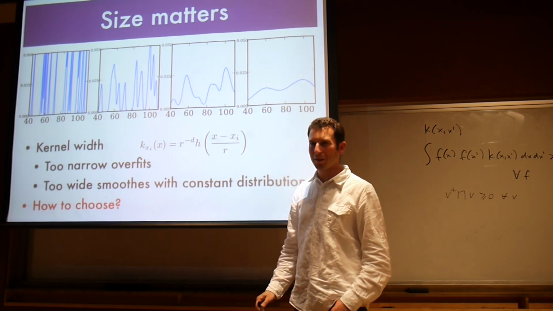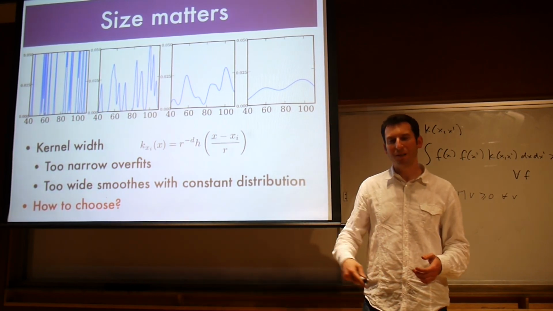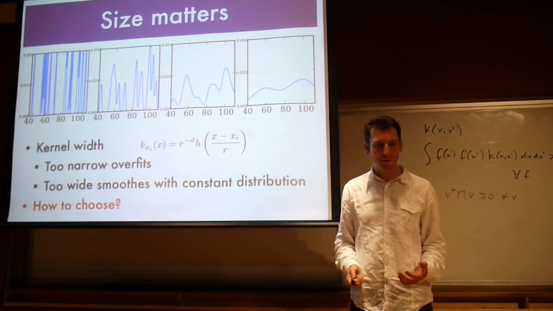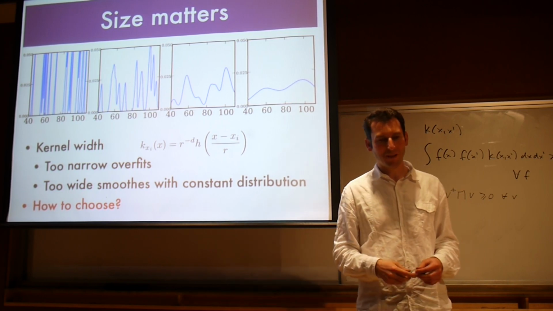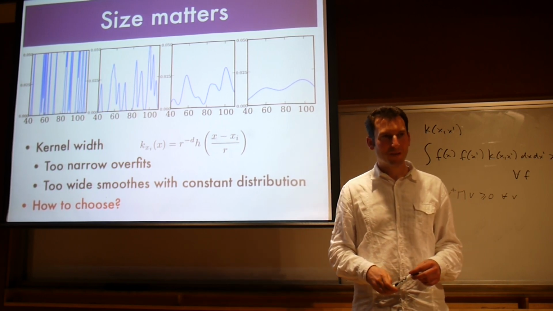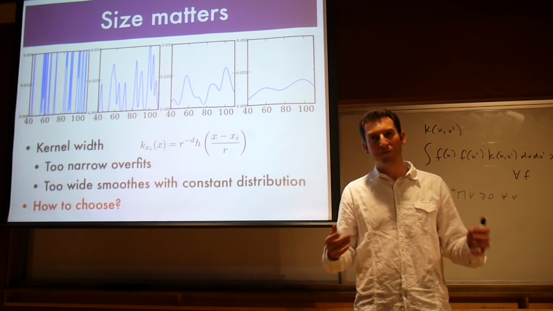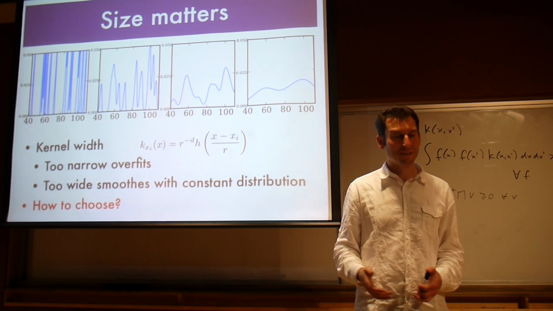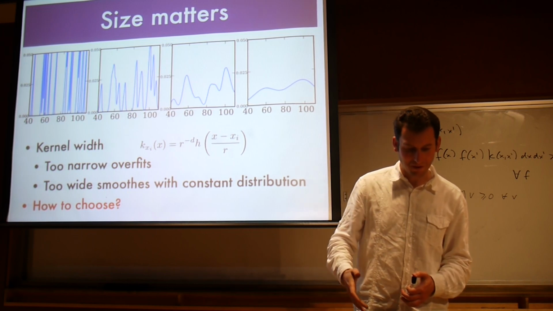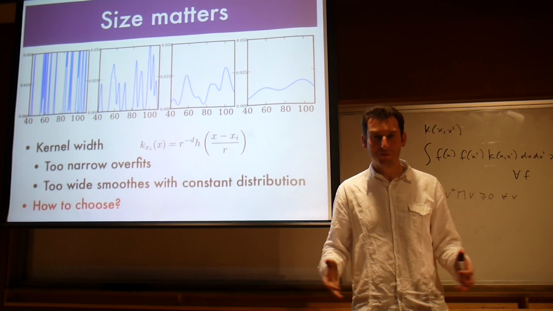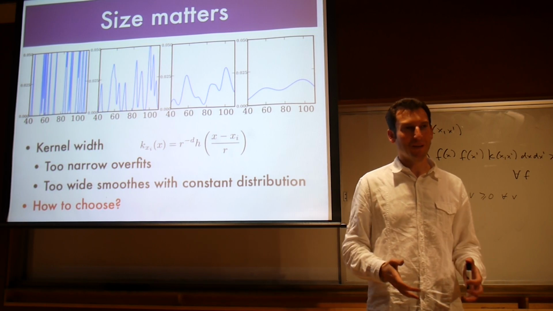The other problem is if I then just play it safe and pick a really large r, it's going to underfit. It's going to oversmooth completely. So how do we actually choose it? There's a whole bunch of tools that you can use. One of them would be to use proper statistical analysis, look at rates of convergence, and do a fair amount of work to get good rates.